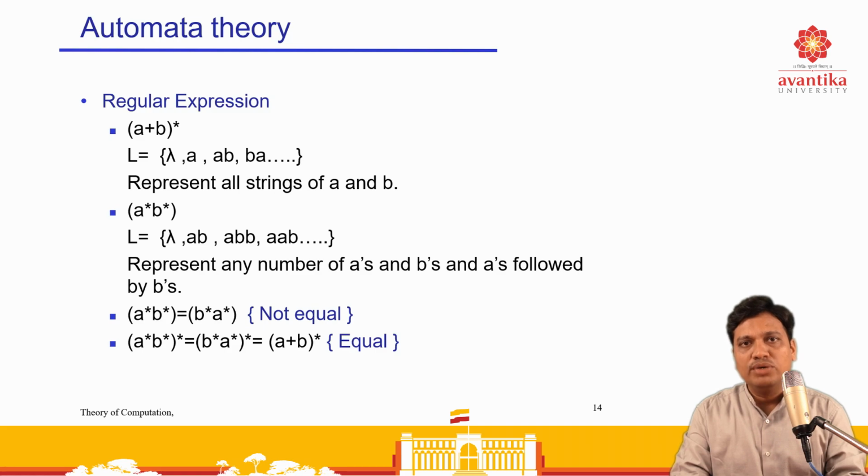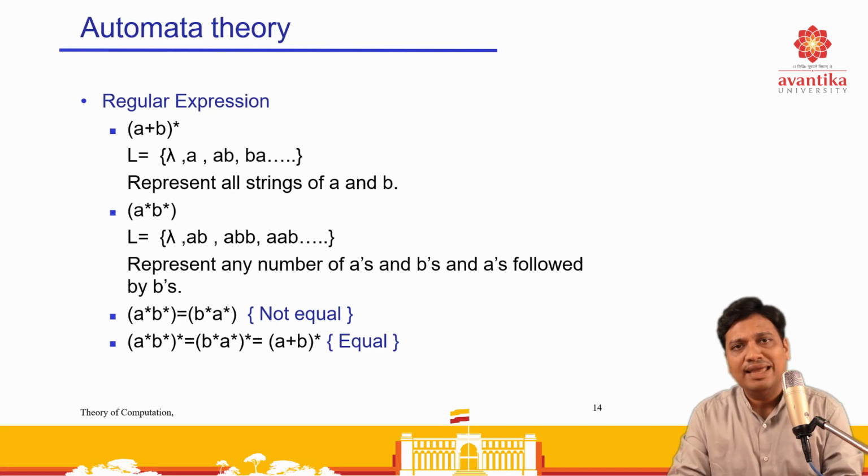So for (A plus B) whole star, the language obtained is L equal to lambda, a, b, AA, AB, BA, BB, any combination of A and B. Means there is no restriction on whether A comes first or B comes first, so it represents all strings of A and B.